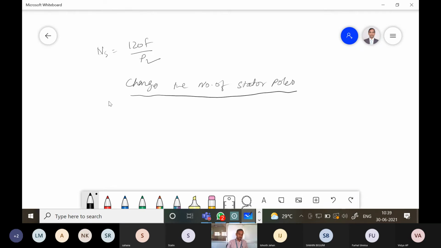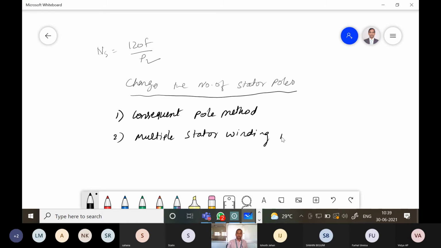The methods are: first, the consequent pole method; second, the multiple stator winding method; third, the pole amplitude modulation method.